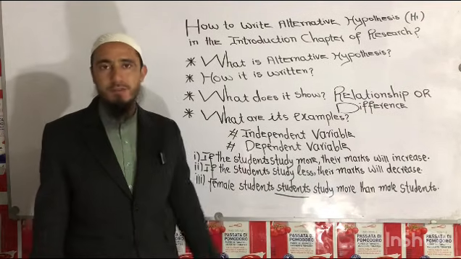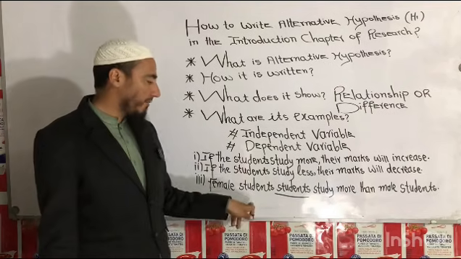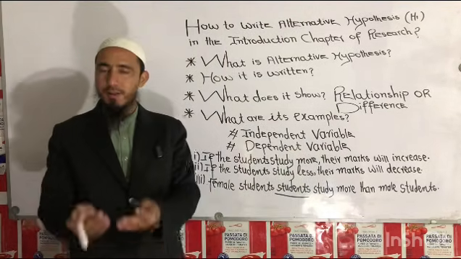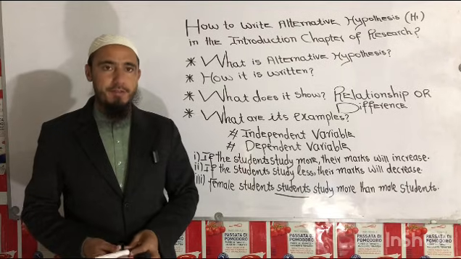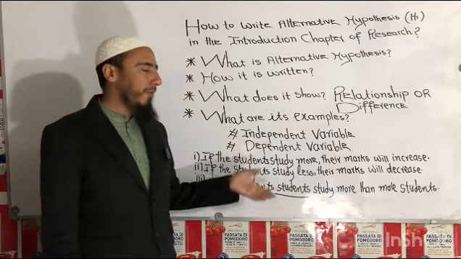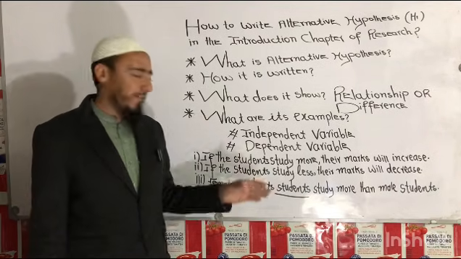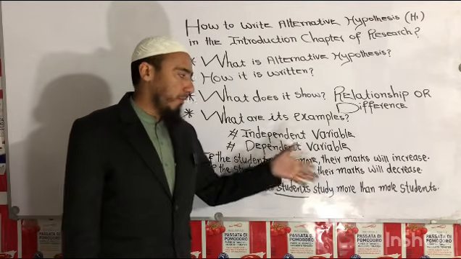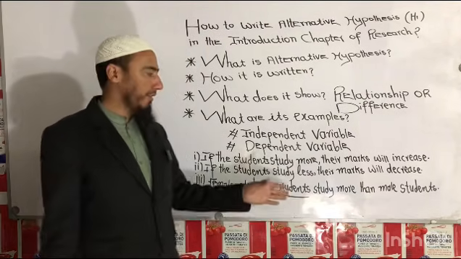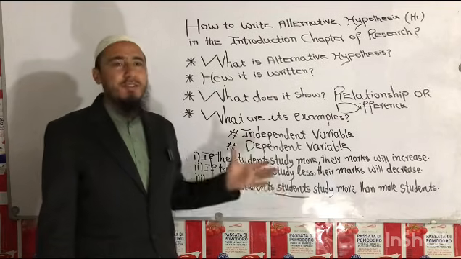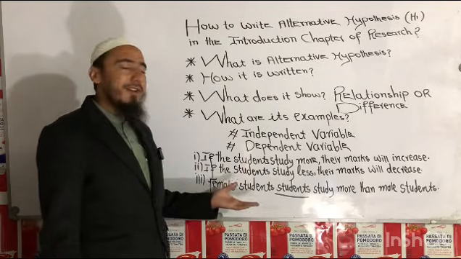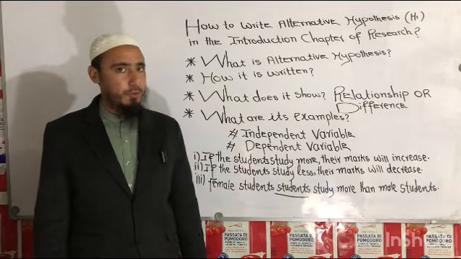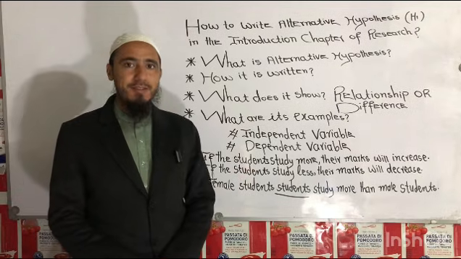The two earlier examples show relationship, but in this example, female students study more than male students, it shows difference. Listeners and audience, here I'm not going to talk about discrimination. Even you can say male students study more than female students. This is just for the sake of example, in order to show that this hypothesis shows difference. So I hope that this topic is clear to you.